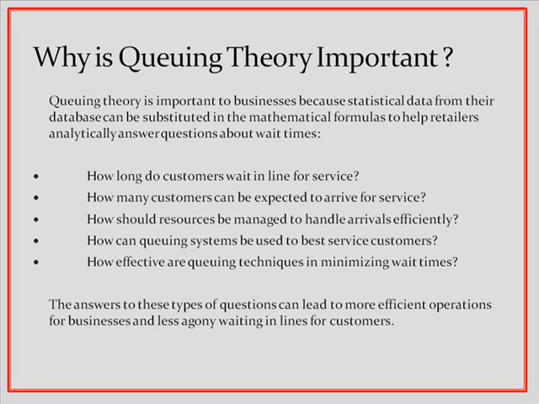Queuing theory is important to businesses because statistical data from their database can be substituted in mathematical formulas to help retailers analytically answer questions about wait times. How long do customers wait in line for a service? How many customers can be expected to arrive for a service?